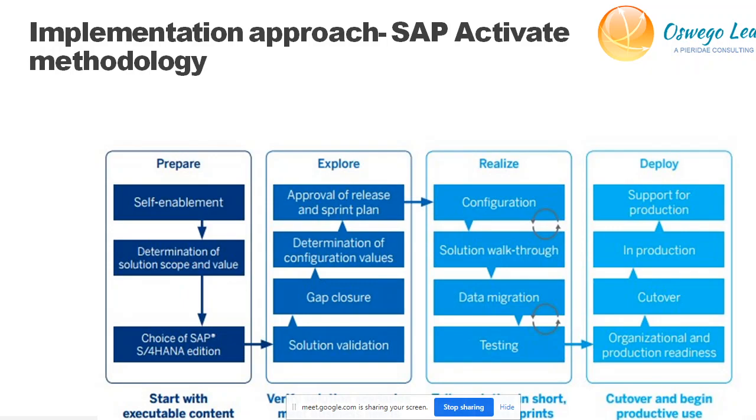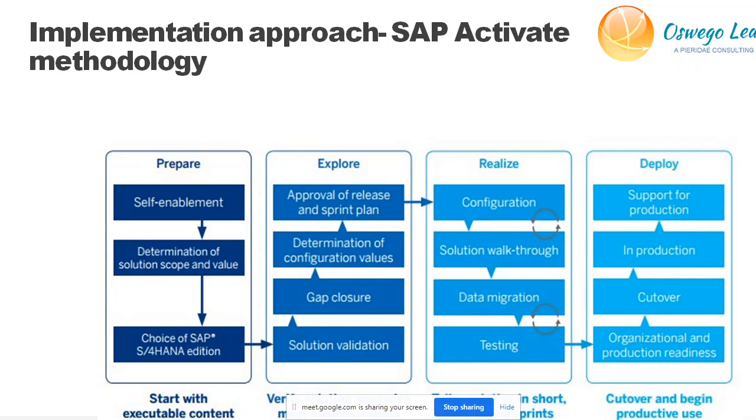But in the case of the cloud version, C4HANA, we use the Activate methodology. So SAP Activate methodology is very much required for the cloud versions. Nowadays, for S4HANA also, SAP has started with the Activate methodology.